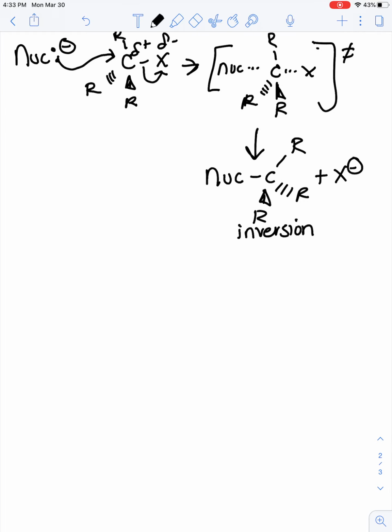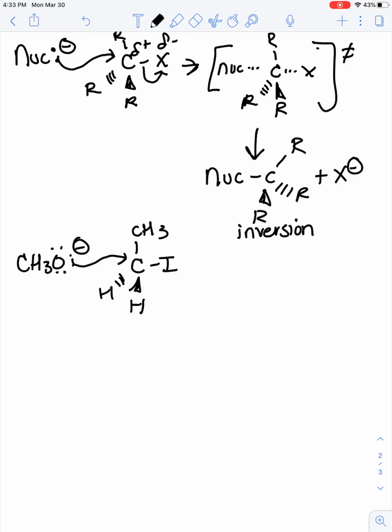Let's look at this with methoxide as our nucleophile. We have an attack on this carbon here. So again, this is going to be called a backside attack. So it's attacking the carbon from the backside. So that C-O bond is going to be forming as this C-I bond is going to be breaking.